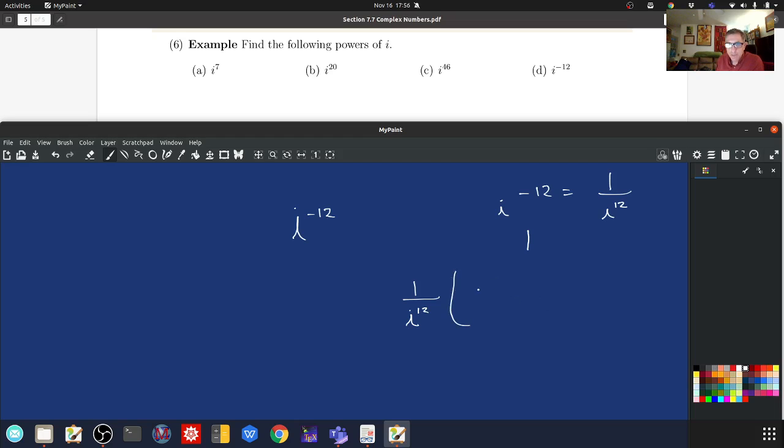Is 12 divisible by 4? Yes, the remainder is equal to 0. So that's 1 over i to the 0th, which is equal to 1. So that's one way to do it.